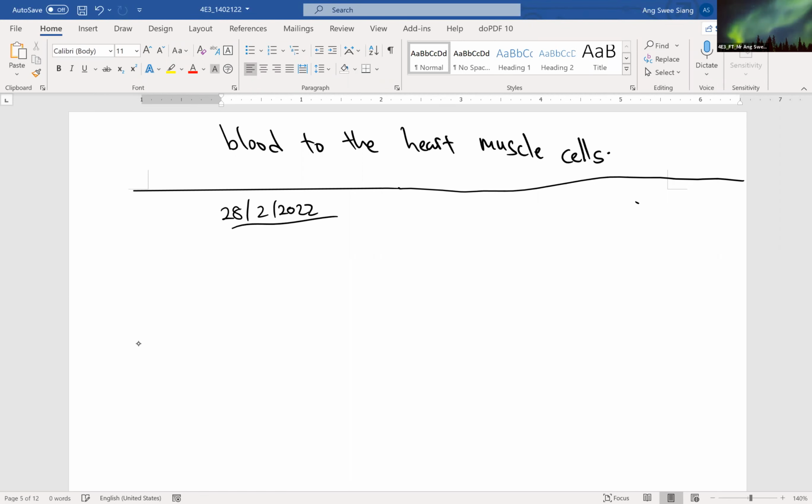Okay, so we are going to talk about coronary heart disease. Most of the time in your syllabus, coronary heart disease is referring to heart attack.